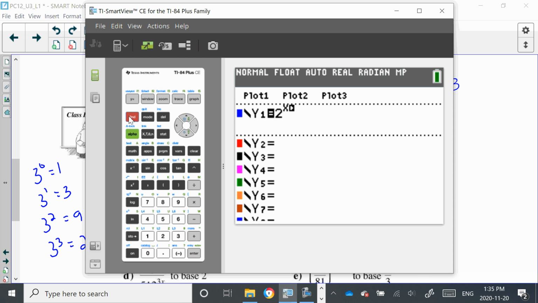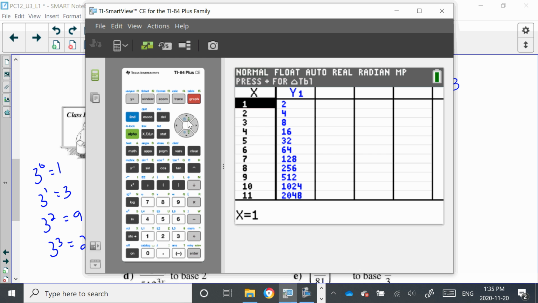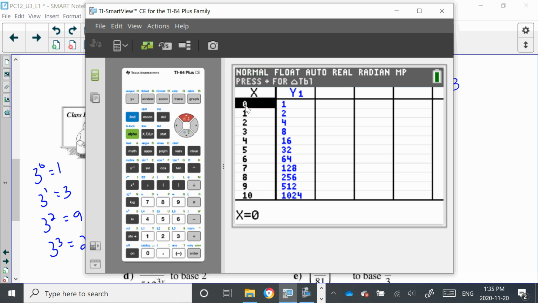And then I just want you to hit second function table, which is your graph. What this is showing you is 2 to the power of 0 is 1. 2 to the power of 1 is 2. 2 squared is 4. 2 to the power of 3 is 8. 2 to the power of 4 is 16.